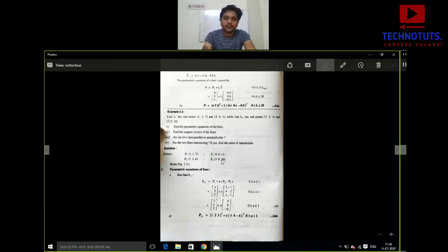Okay, this much is clear in the problem. You have to find out the parametric equation of the lines. So there are two lines, line L1 and line L2. Line L1 has two endpoints, P1 and P2, and line L2 has two endpoints, P3 and P4.